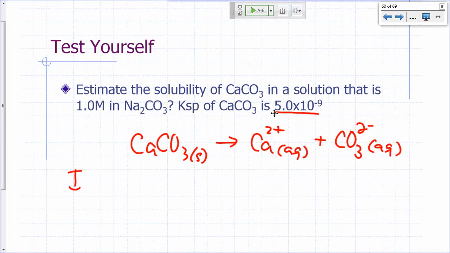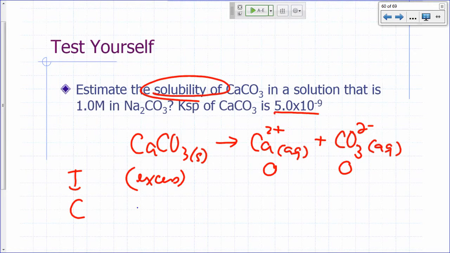Initial concentration. Since we're talking about solubility, we're going to assume that we have enough solid to dissolve. So we're just going to have excess amounts of calcium carbonate. None of this and none of that. What would be our changes? The solubility is x moles per liter, so minus x moles per liter of solution.